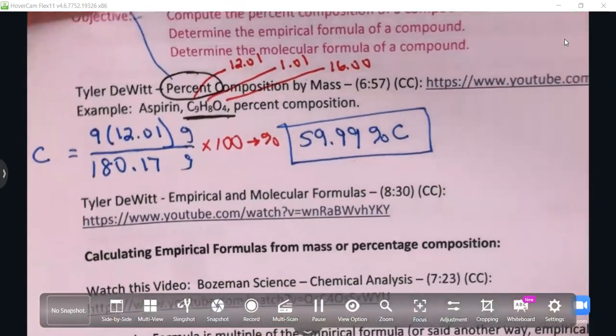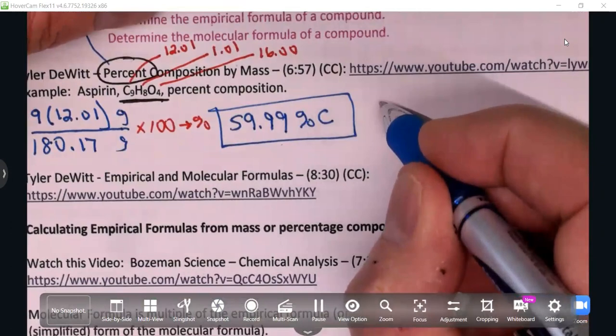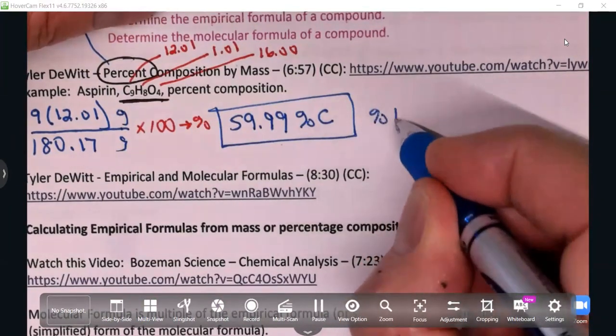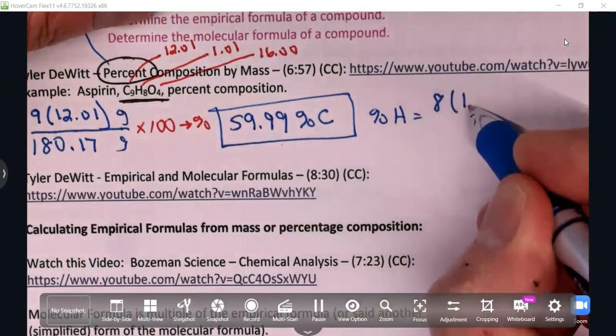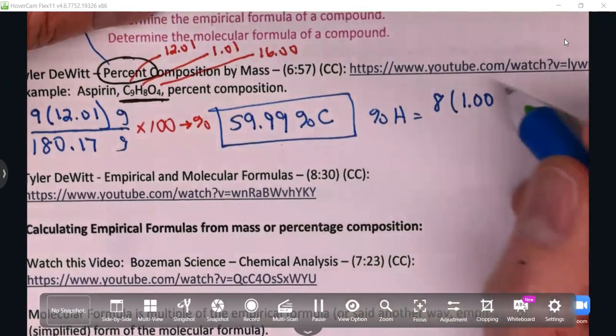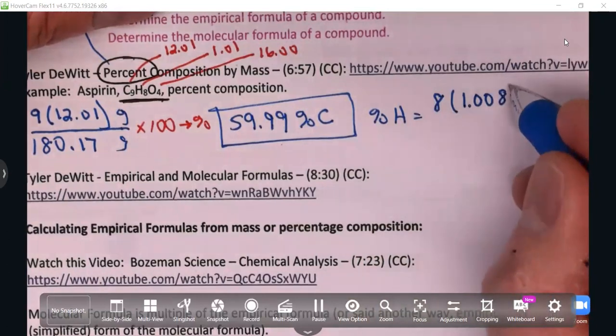We're going to get in trouble. We're probably going to have to sacrifice some sig figs coming up here. So if we do hydrogen next, that is going to be 8 times, here is where I would add 1.008 here to get this more accurate.